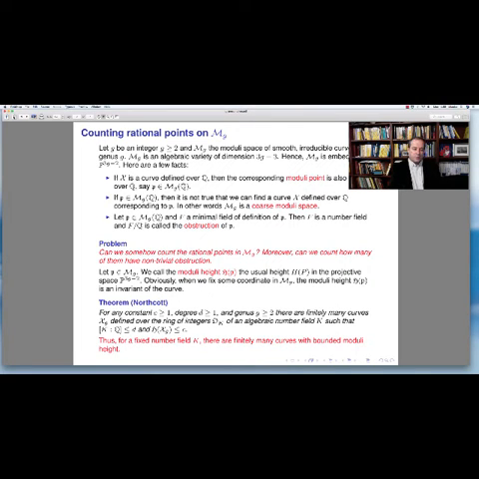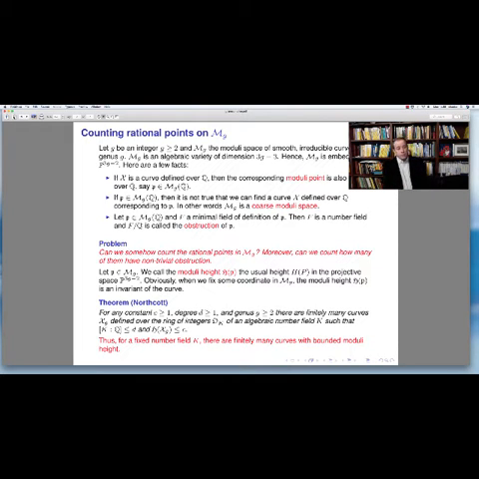Also, if I do have a rational moduli point, and let's say F is the minimal field of definition, so remember, not necessarily the rationals, then there is a finite field extension, a number field over the rationals, and the degree of that extension is called the obstruction. The degree of that extension field.